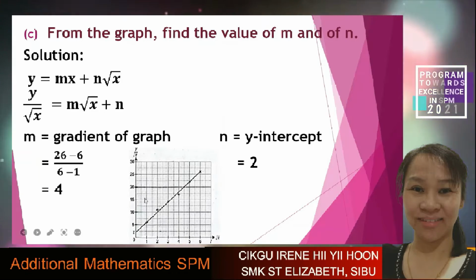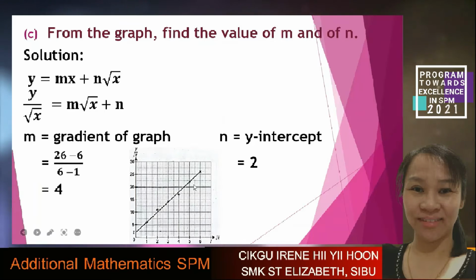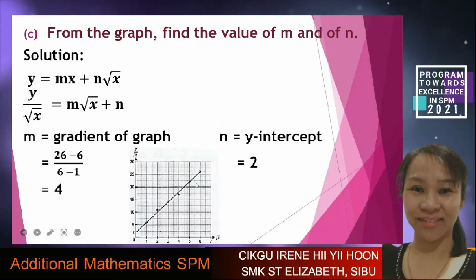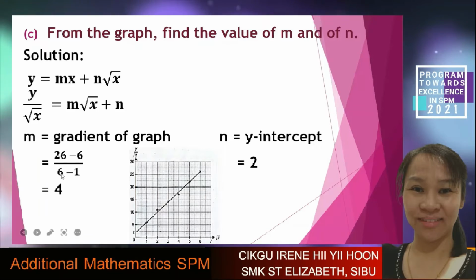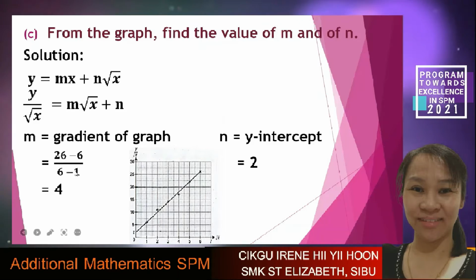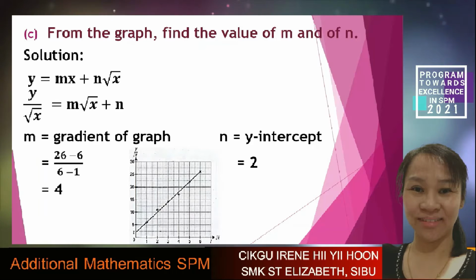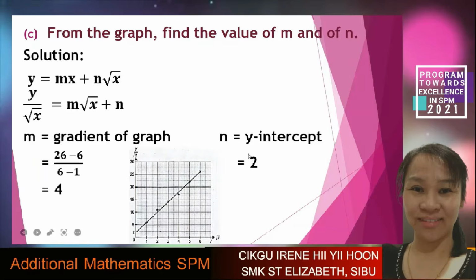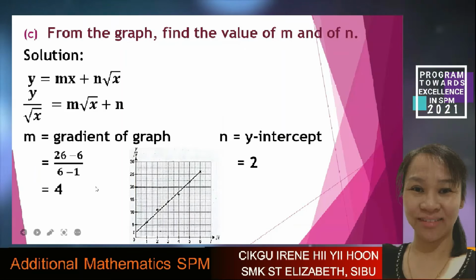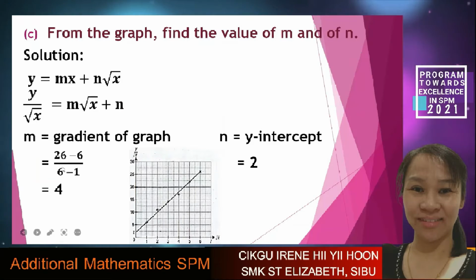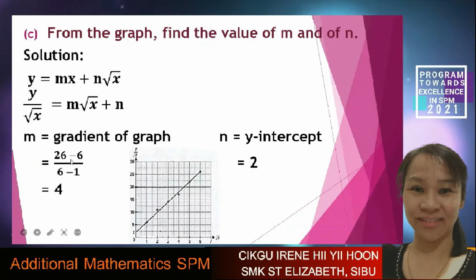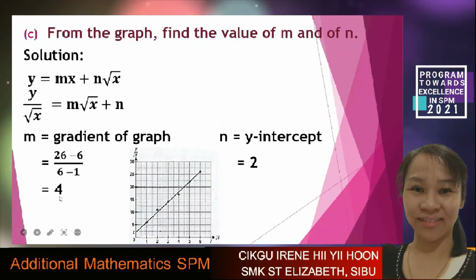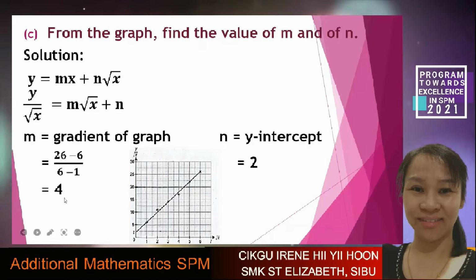By referring to the graph, we choose any 2 points from the line. For example, we choose 6, 26 and the point 1, 6 and substitute the points into the formula of the gradient. So we will find that 26 minus 6 over 6 minus 1 equals 4.